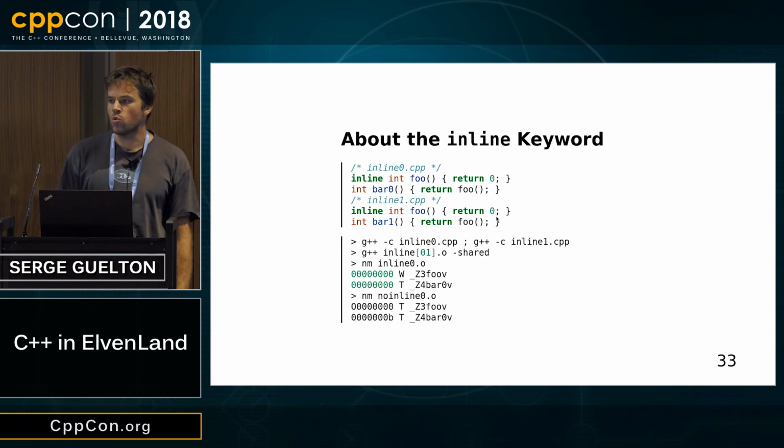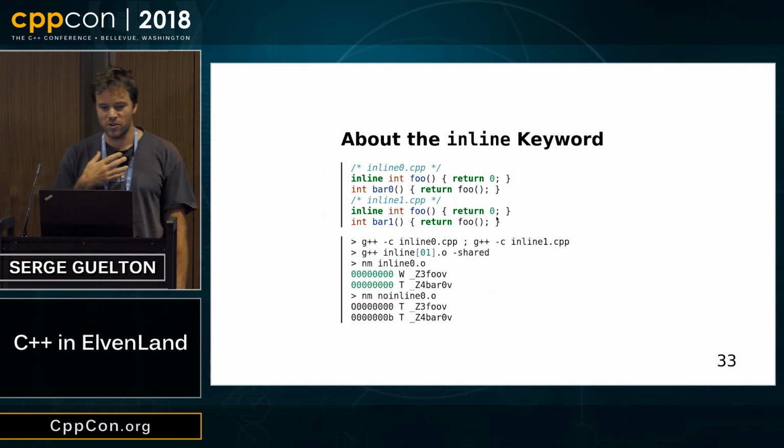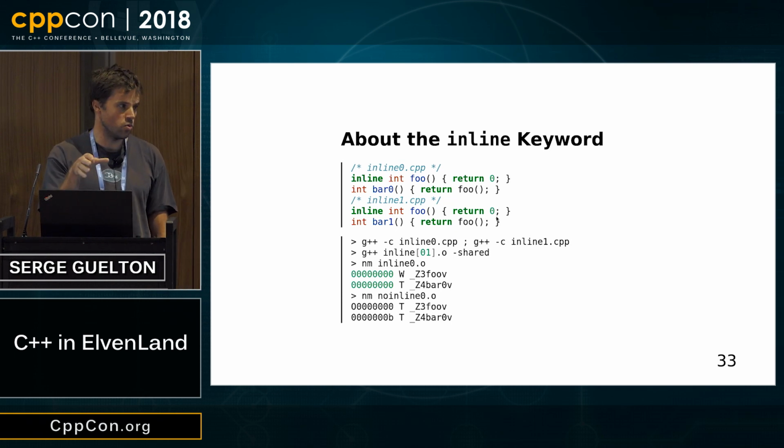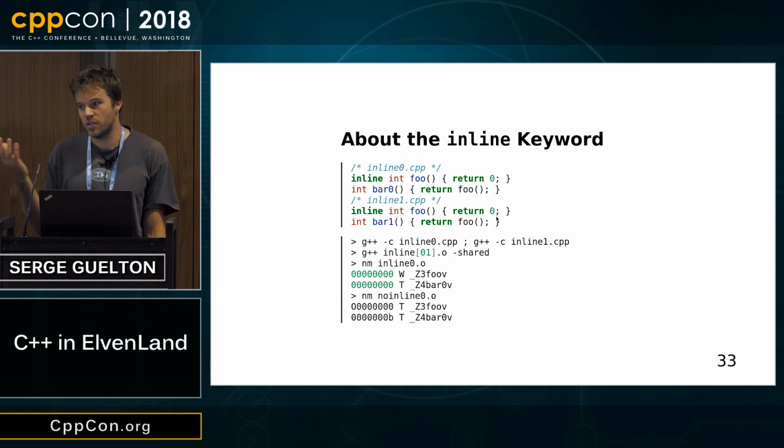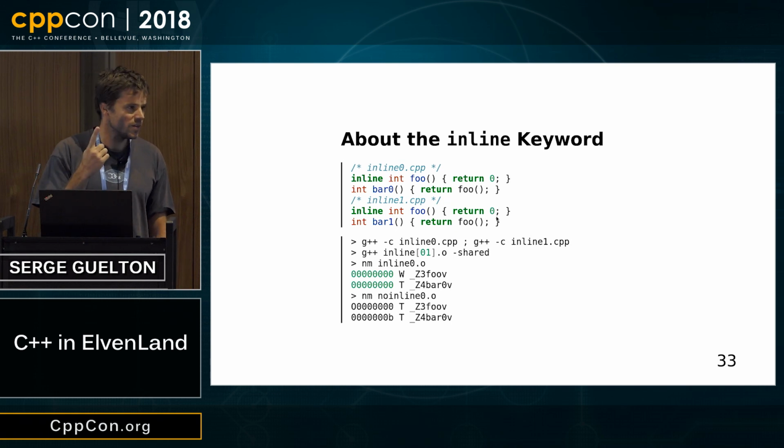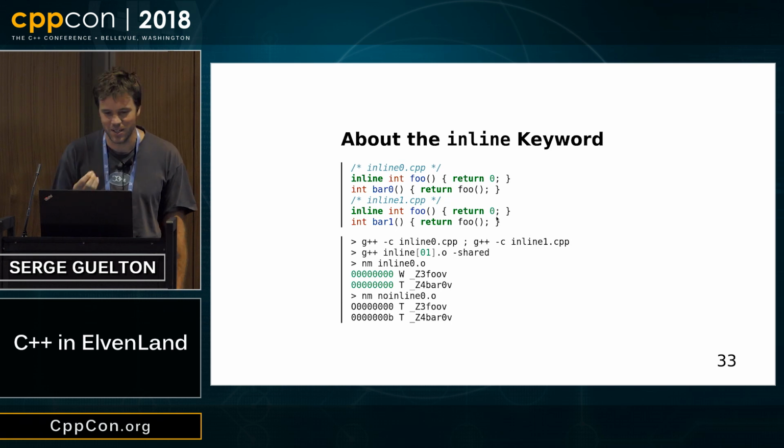But there is this inline keyword. In my opinion, it's a misleading name for a keyword because, for the compiler, it's just a hint. So it doesn't give you any guarantee about the inliner behavior. But it has a side effect, which is actually the only predictable effect of inline.